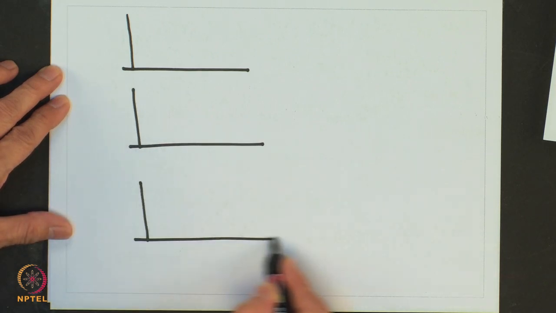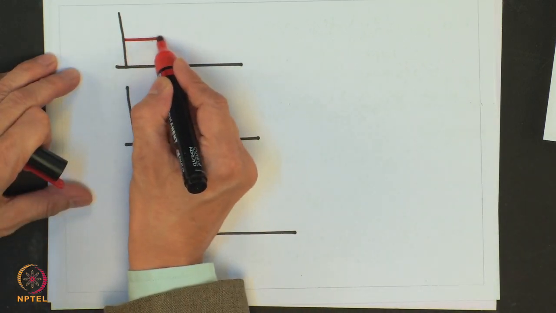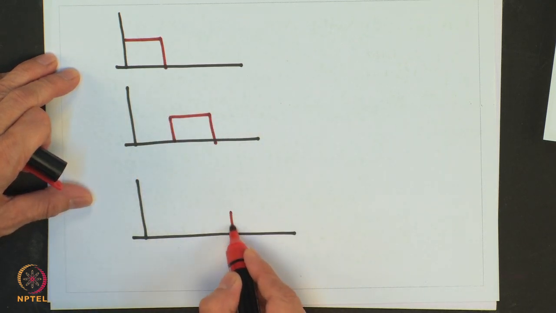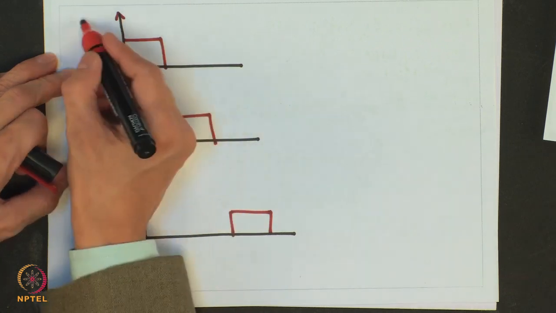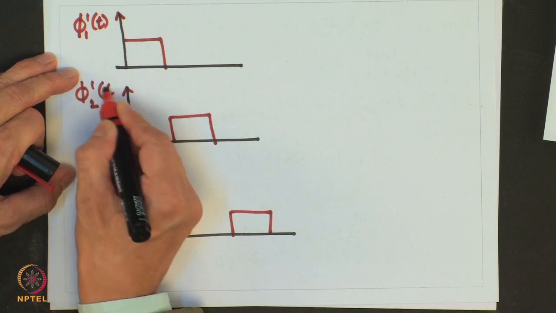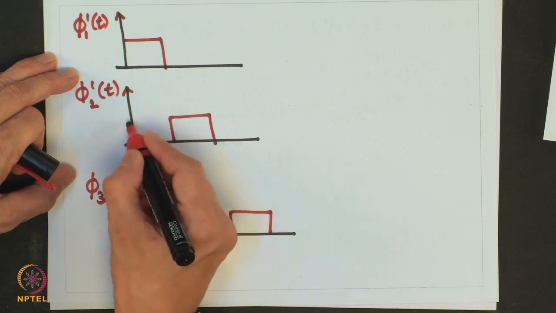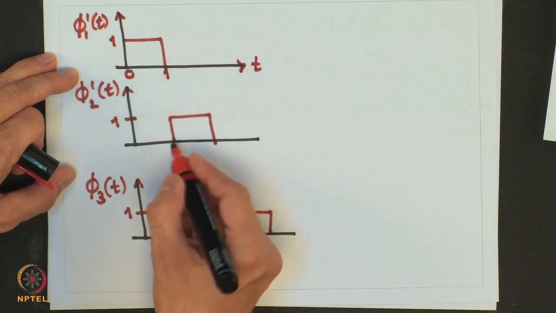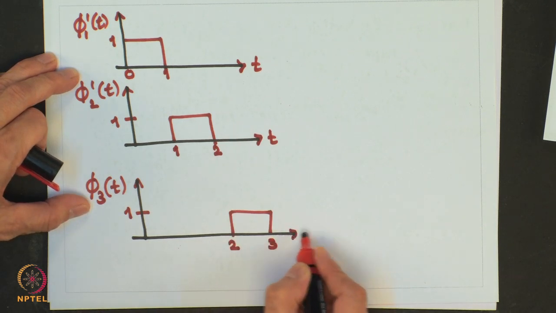For example, I could have used these 3 basis signals, which are non-zero from 0 to 1, from 1 to 2, and from 2 to 3, correct.